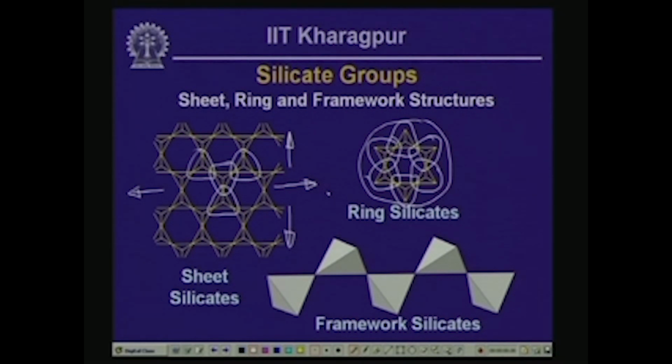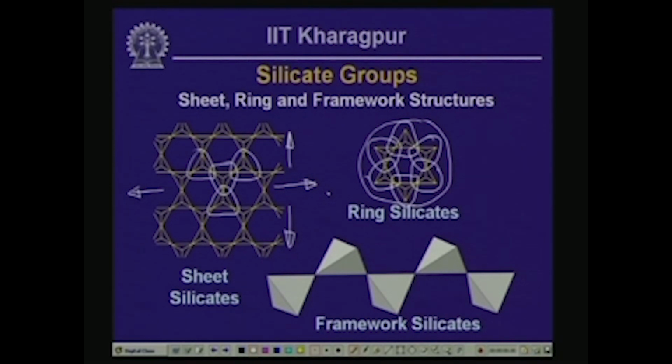Now, if we extend the concept of sheet-like structure a step further and consider a 3-dimensional structure instead of a 2-dimensional one, then we are going to end up with a type of silicate which is known as framework silicate.